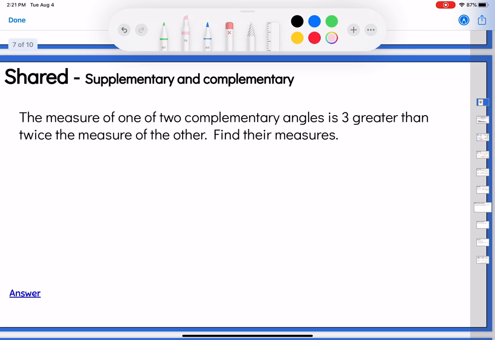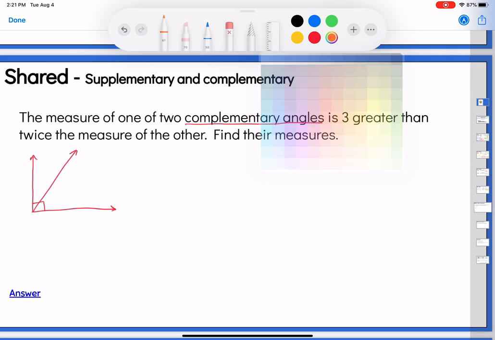Okay, now, one way to do this that a lot of people start with is by drawing a picture. If I say that I have complementary angles, that means my picture is going to start with a 90-degree angle, and then I'm going to split it. So one of the two complementary angles is 3 greater than twice the measure of the other.